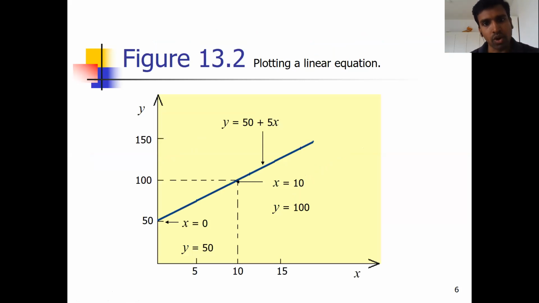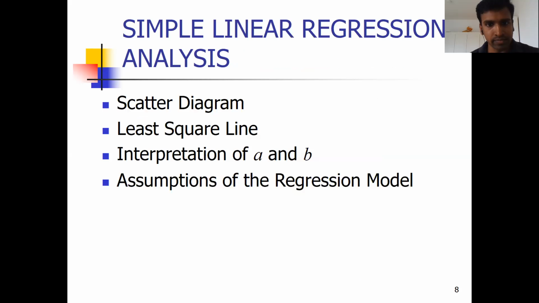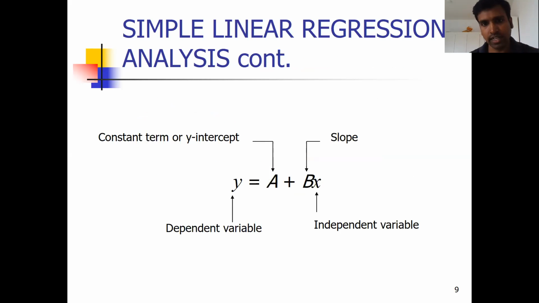Let's not worry about this plot now, because it talks about the formula. Let's go to the formula first, and I'll explain the plot a bit later. Here y is your dependent variable, and it is predicted by the independent variable. There are two other components added to it: one is called the intercept, the other is called the slope. This is the formula.